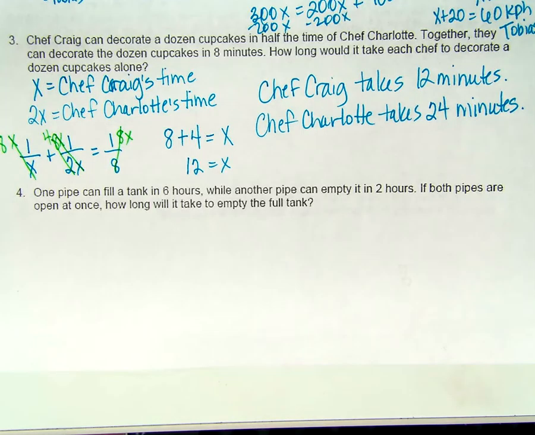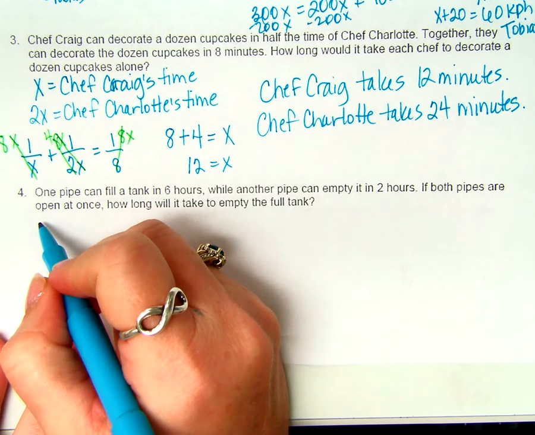Oh, okay. One pipe can fill a tank in 6 hours, while another pipe can empty it in 2 hours. If both pipes are open at once, how long will it take to empty the full tank? What's it asking us to find? The time to empty the full tank. So guess what variable we're going to use?